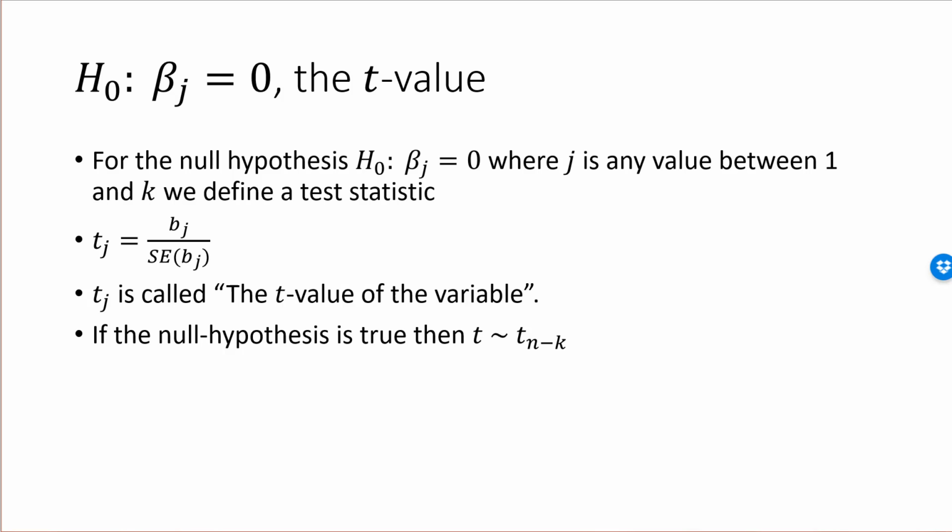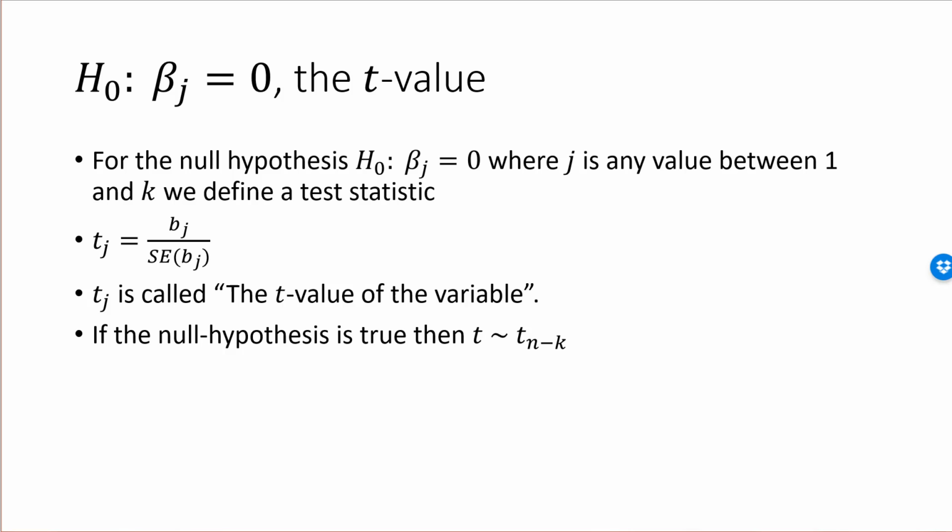Note the consistency with what we said about hypothesis testing when we had one explanatory variable. Then the t-statistic followed a t-distribution with n minus 2 degrees of freedom. And that makes sense because with one explanatory variable and an intercept, k is 2. So this is just a generalization of that result.